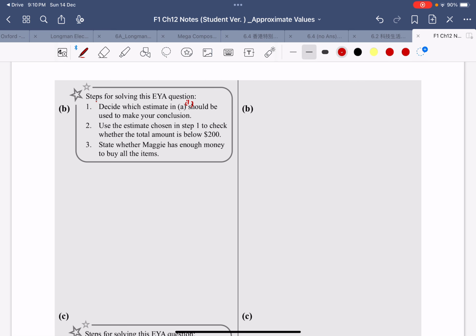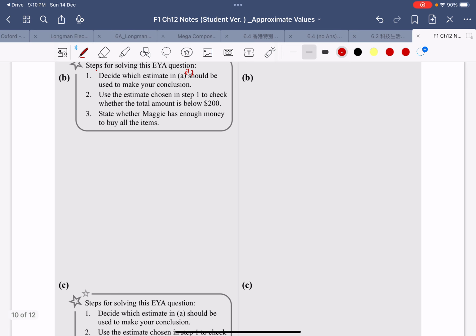And then use the estimate chosen in step 1 to check whether the total amount is below. State whether Maggie has enough money to buy.